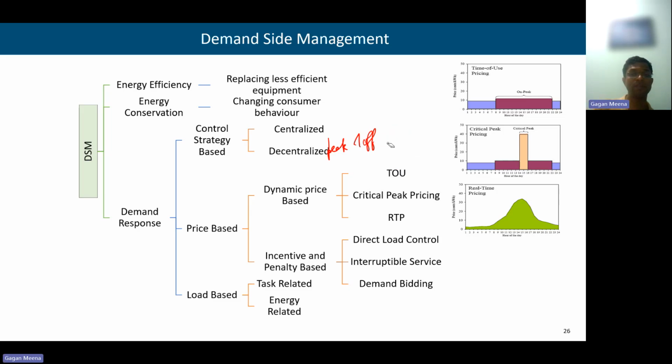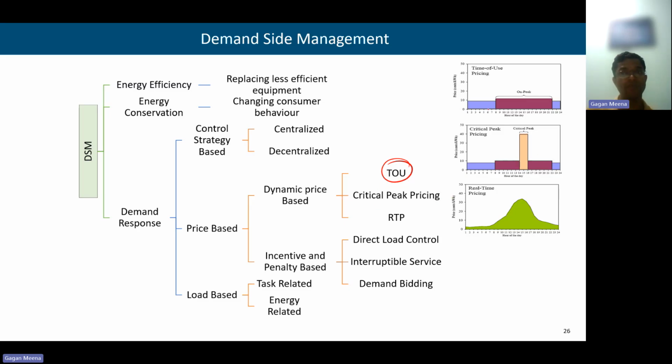And critical peak pricing is when, for a few minutes, the price is really high, that is the critical peak pricing.